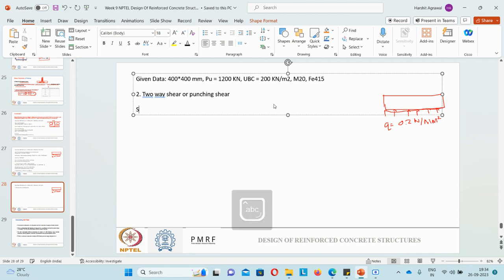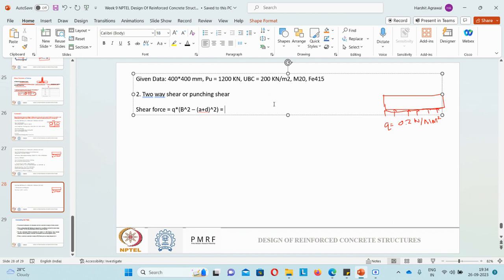The shear force is nothing but q times the total area, which is B square of footing, minus the area enclosed by d by 2 distance. So d by 2 on either side will become d, and size of column I know, which is a, so a plus d square. So this is what I need to calculate: B square minus (a plus d) square.